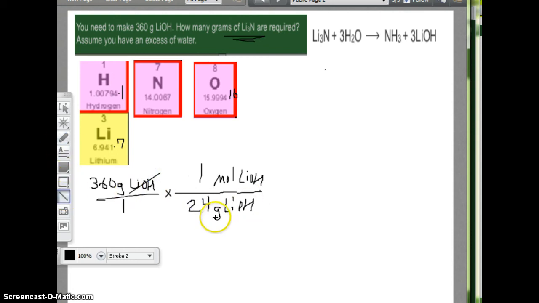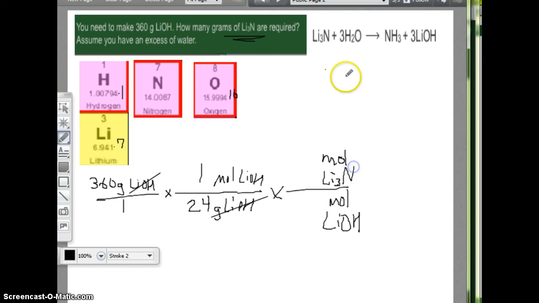And now we are in moles, so we can put what at the bottom of my next fraction? Moles, but specifically moles of lithium hydroxide. And what chemical am I converting to? I'm going to be converting to moles of Li3N. And so let's look at our balanced chemical equation.